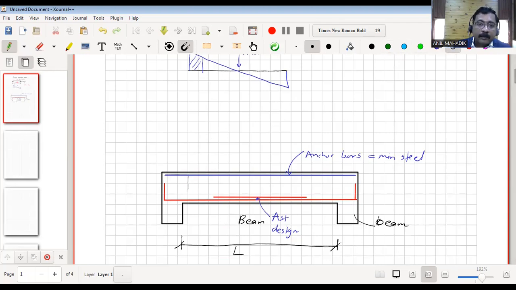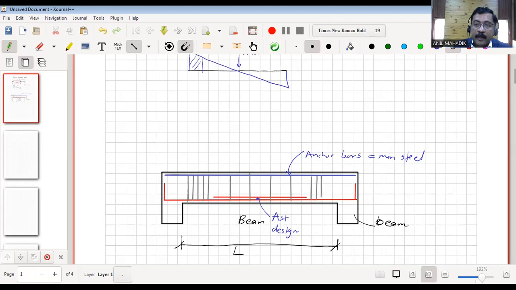Once you detail as per the design, you will get more steel here, which means closer spacing, like this. And at the midspan zone, we will have loose spacing. So this will be your stirrup detailing.